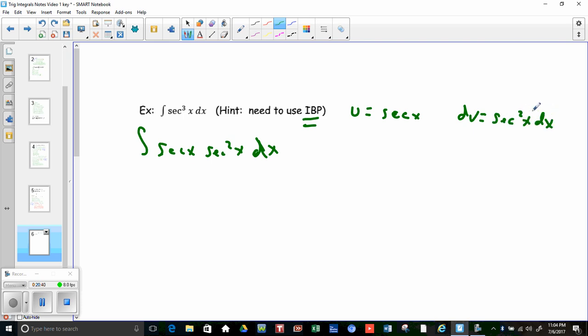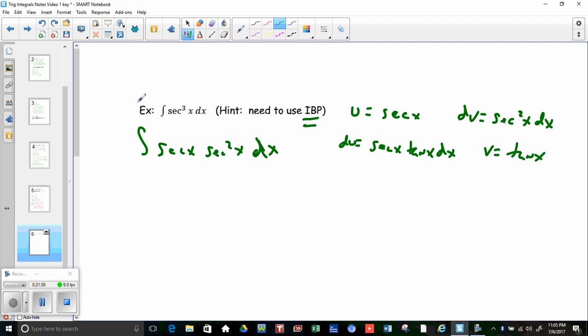Now, why did I know to pick that? Because I know how to take the antiderivative of secant squared x very easily when I go back to v. So du is secant x tangent x dx, and v, taking the antiderivative, is tangent x.